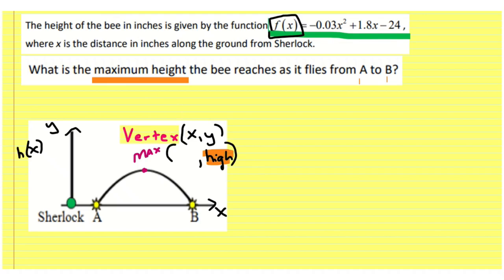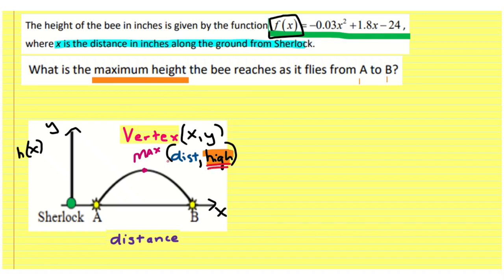But we also have an x value. They tell us here that the x value is the distance along the ground from Sherlock. So this x-axis is going to represent the distance from Sherlock. So how are we going to find this height number?